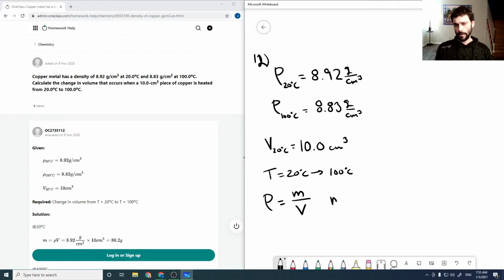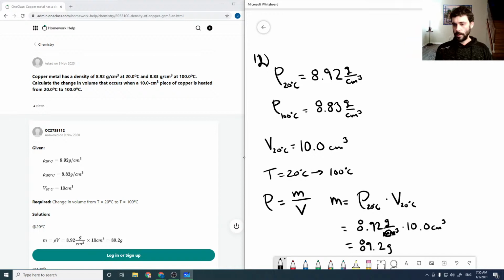So we can calculate the mass from our density at 20 degrees Celsius times our volume at 20 degrees Celsius: 8.92 grams per centimeters cubed times 10.0 centimeters cubed, which comes out to be 89.2 grams.